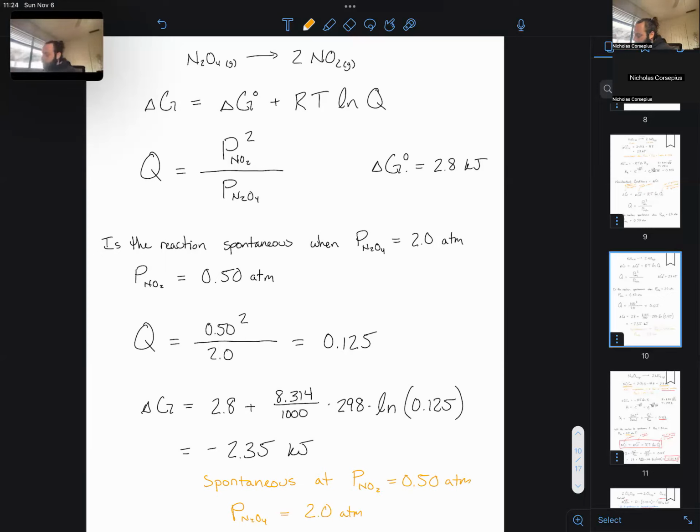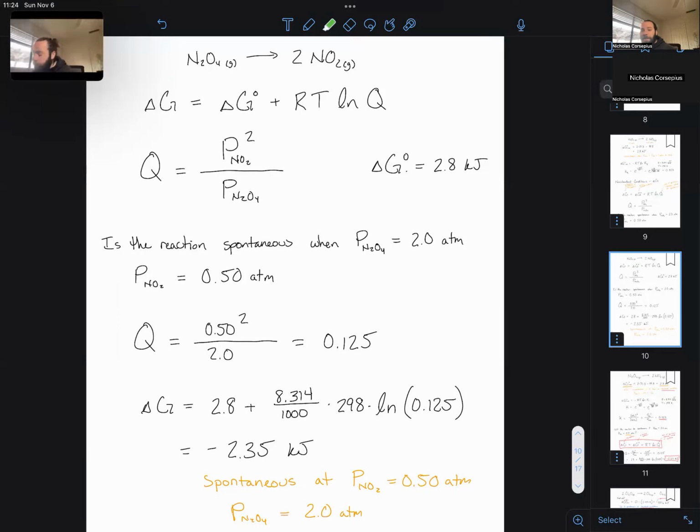Okay, so what did we just use this to show here? Again, we can use this expression here to figure out whether a reaction is spontaneous or non-spontaneous at any set of conditions. This delta G naught that we figured out tells us whether or not our reaction is spontaneous or non-spontaneous under one specific set of conditions, what we call the standard conditions, right? If we want to figure it out for anything other than standard conditions, then we need to use this equation here.